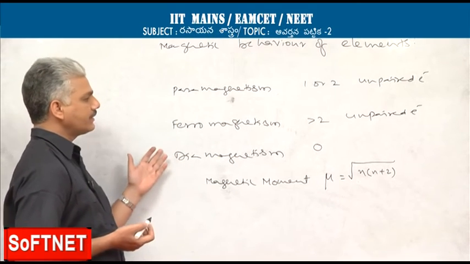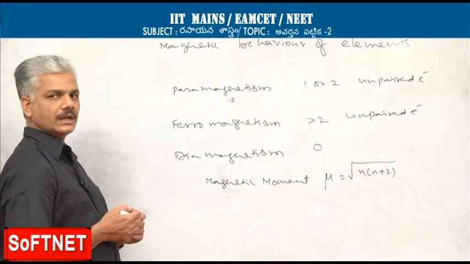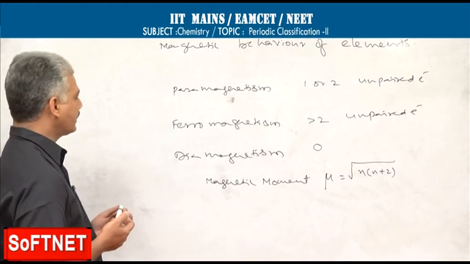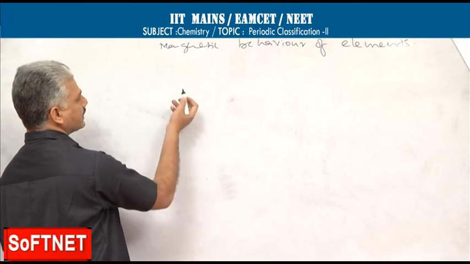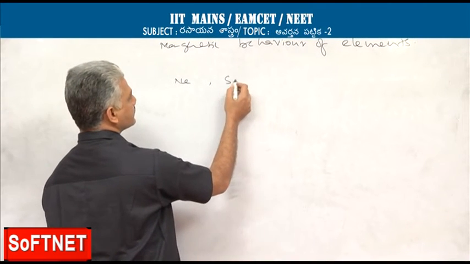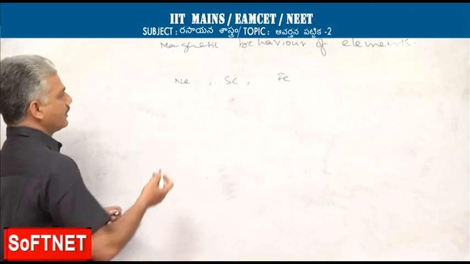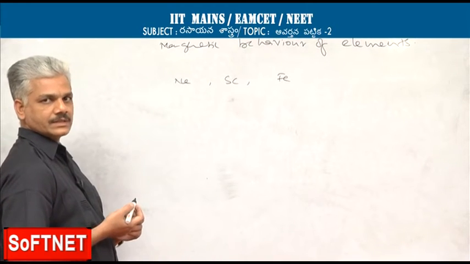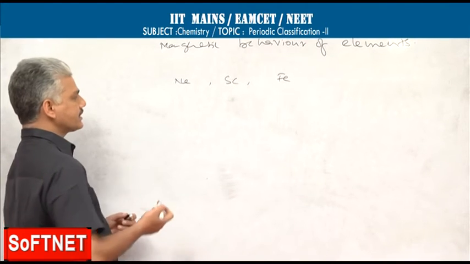Now, how to identify the nature of an element given its electronic configuration or atomic number? For example, identify the nature of the following elements: neon, scandium, iron. When elements are specified like that, we have to write down their electronic configurations.